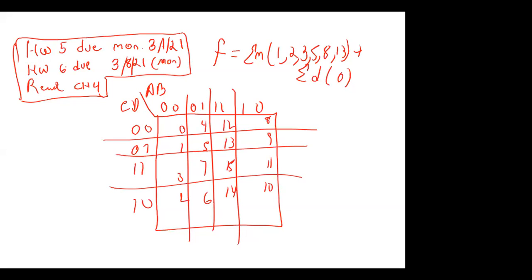Because we're being given the numbers. If we write them in the wrong place, it's going to give us wrong answers. So it says here, I got a 1 on 1, 2, 3, 5, 8, and 13. And I got a don't care on 0. And all the rest are 0.